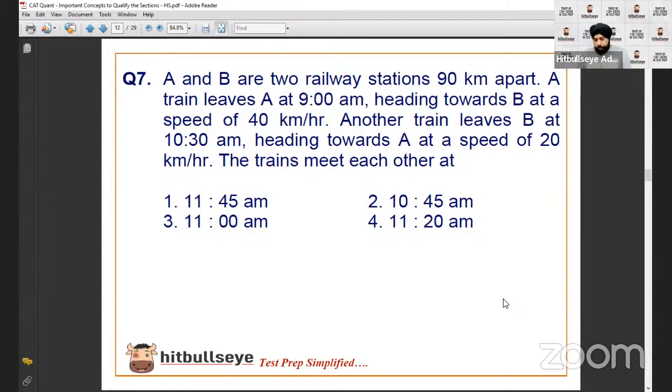Try this. 2 more minutes for this time, speed, and distance question, people.